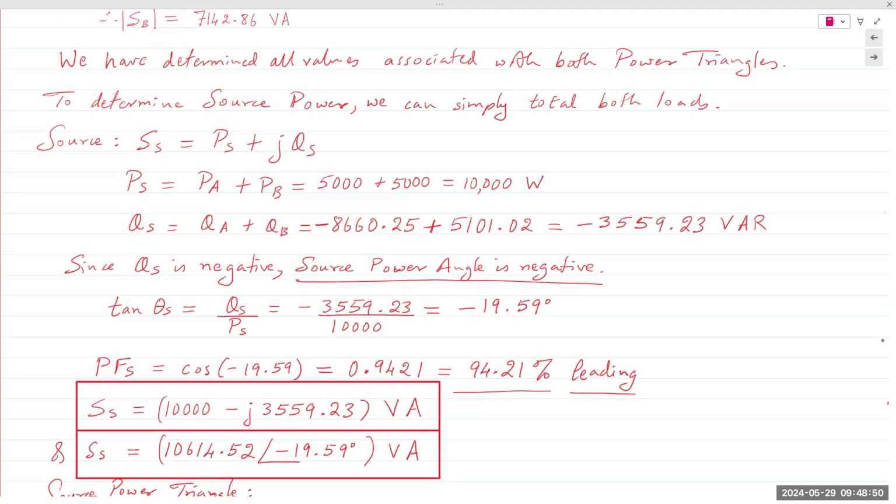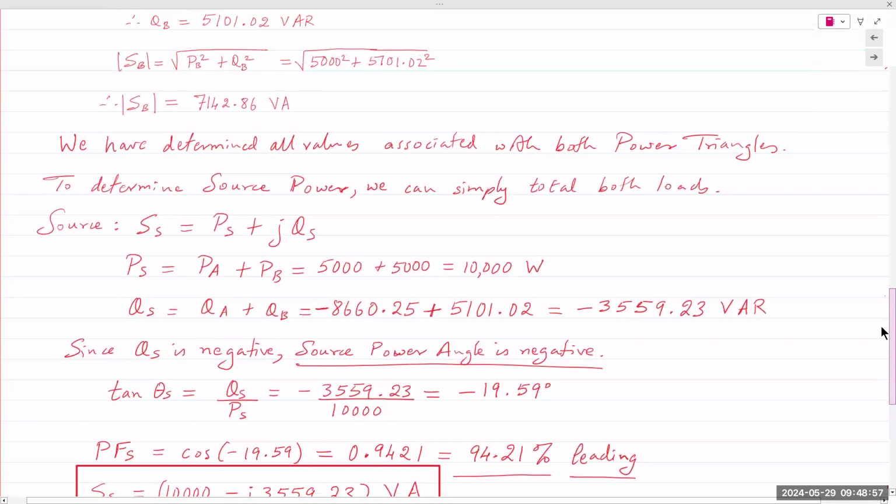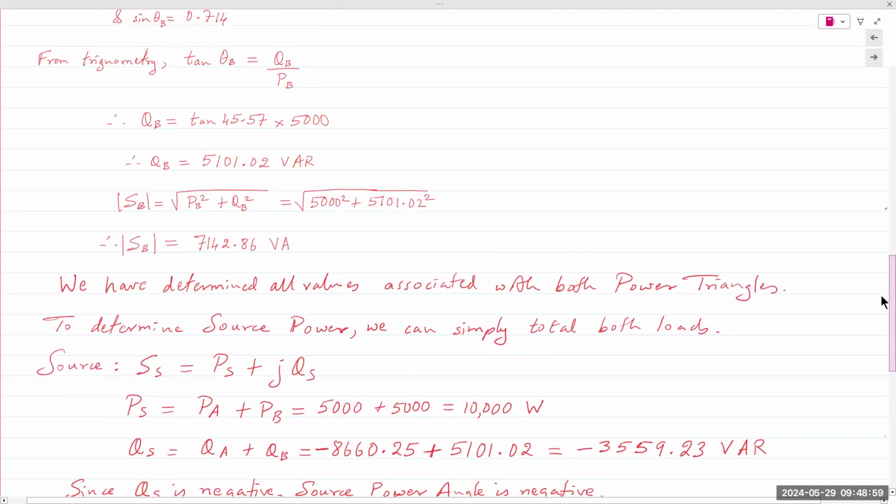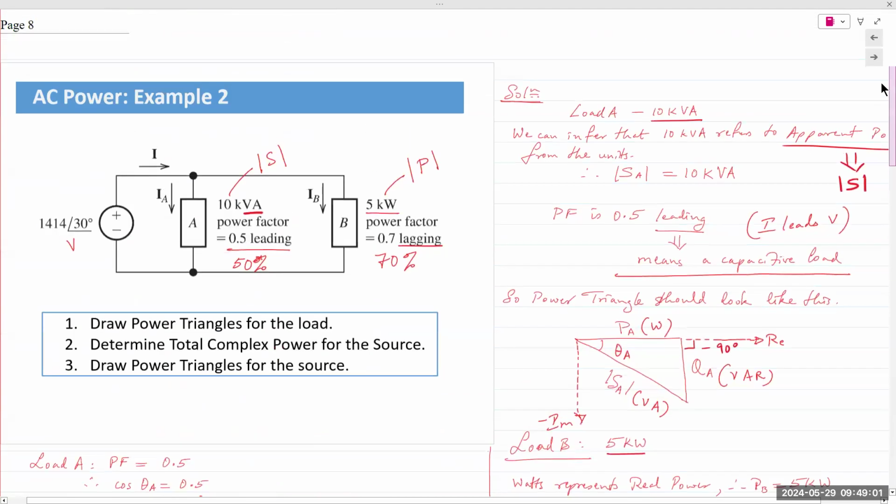Professor, can I ask a question? Yes, go ahead. Can you explain again the difference between the kVA and the kW units? K is just the unit prefix, which is kilo, right, which is 1,000, 10 raised to 3. Mhm.